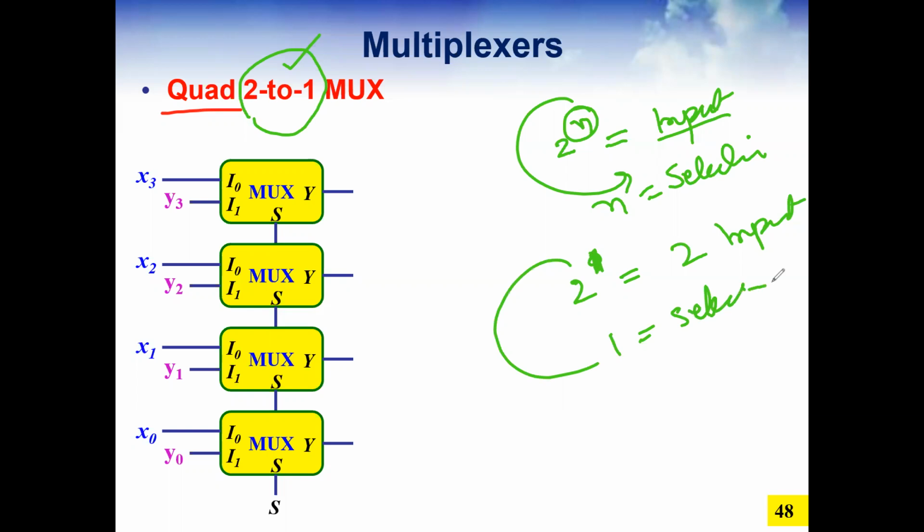So we have this 1 mux, 1 mux, 1 mux, 1 mux. That's why we are saying quad multiplexer.